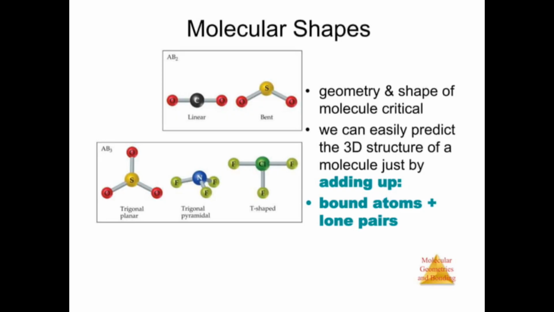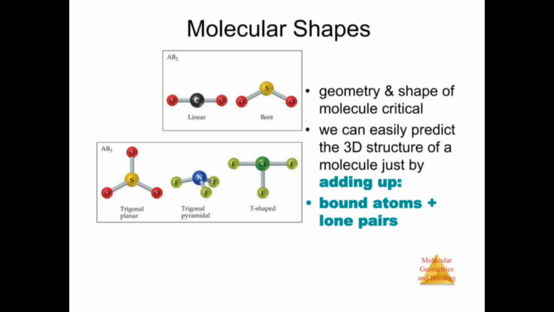Geometry and shape of molecules are very critical, and we can easily predict the 3D structure of a molecule by simply adding up the bonded atoms, the atoms that are joined together, and the lone pairs of electrons they are carrying.